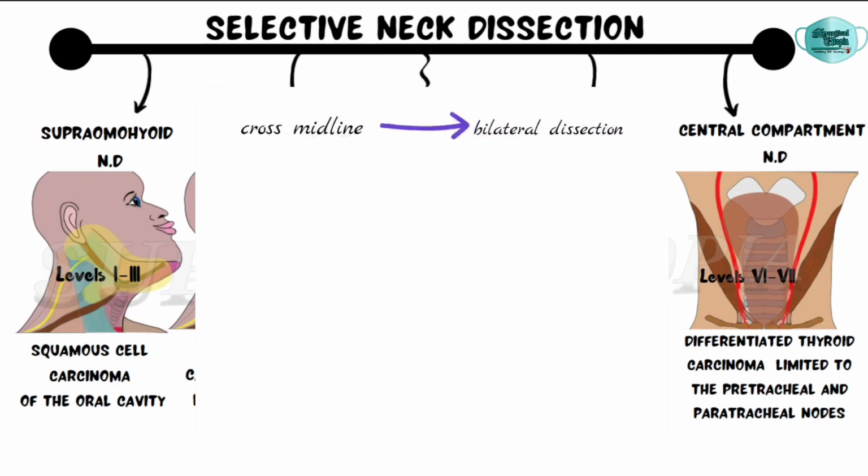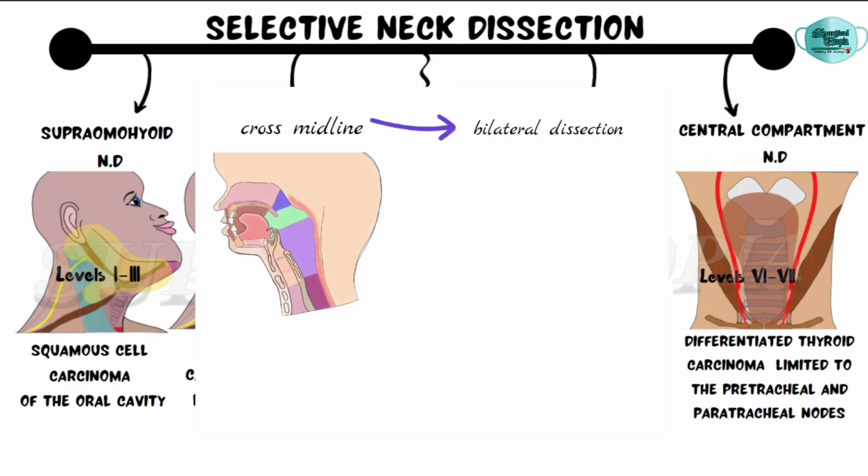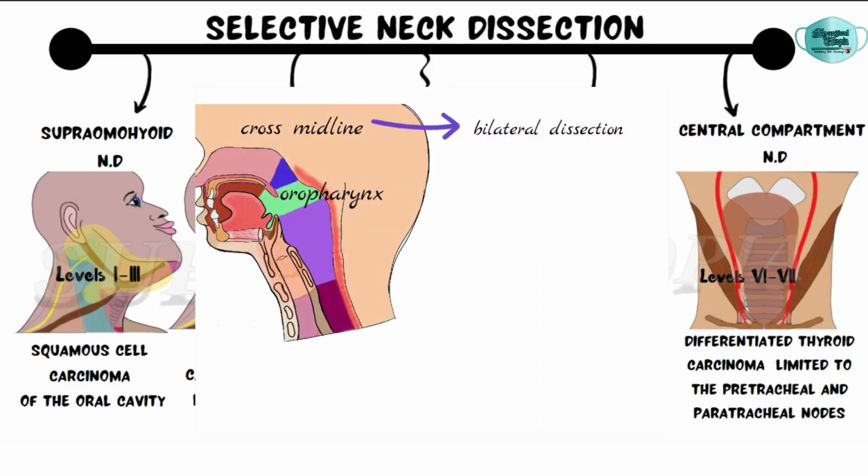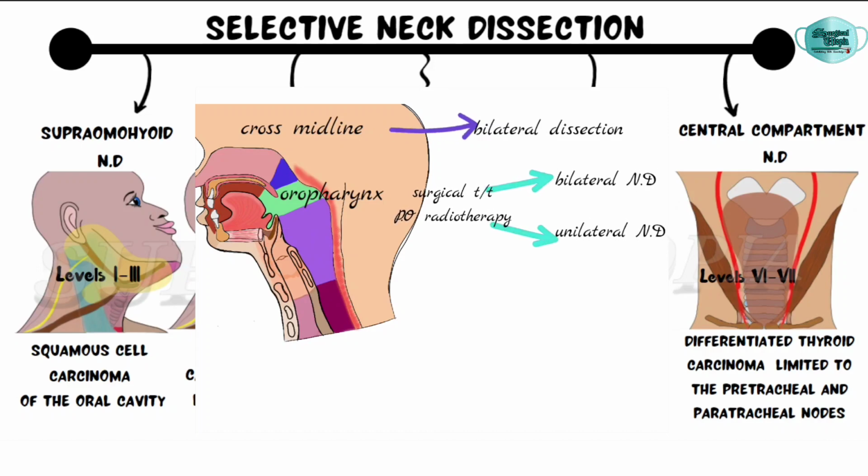Also, in cases where there is cancer of the oropharynx, the lateral neck dissection is to be done on both sides, that is, bilaterally, in patients for whom surgery is planned. But in patients for whom post-operative radiation therapy is indicated and planned, then in cases where oropharynx cancer is present, lateral neck dissection on the unilateral or ipsilateral side is sufficient.